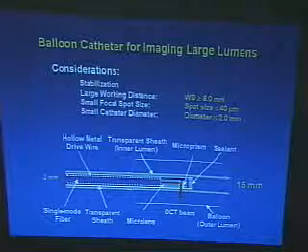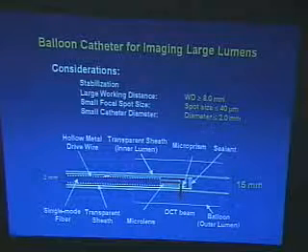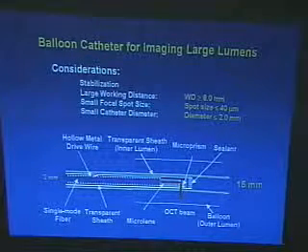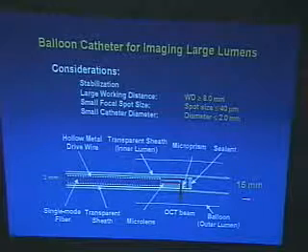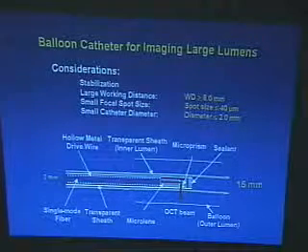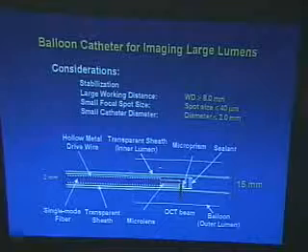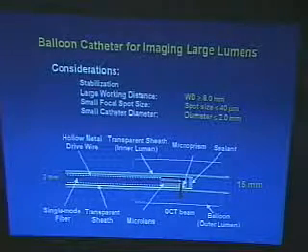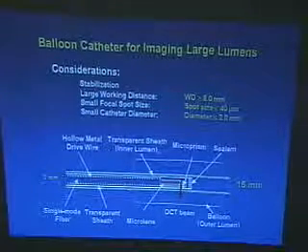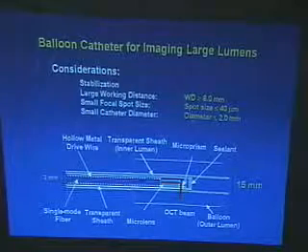A balloon catheter basically has dual lumens. For the inner lumen, we have this small catheter that can go through it, with a really long working distance of about 8 millimeter. The outer lumen you can inflate, after you deploy it into the patient, using saline or air, and then it stabilizes the esophagus.